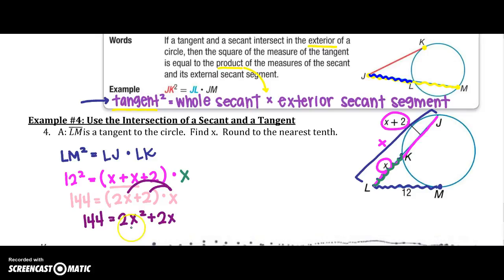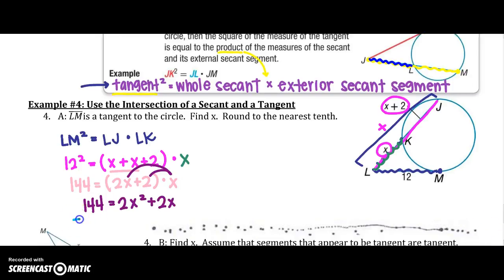Well, I have an x squared here that can't cancel, so from the above example, we need to get everything to one side. So I'm going to subtract 144, and I'm going to use the quadratic formula, so I get 0 equals 2x squared plus 2x minus 144. I need to identify the a, b, and c.